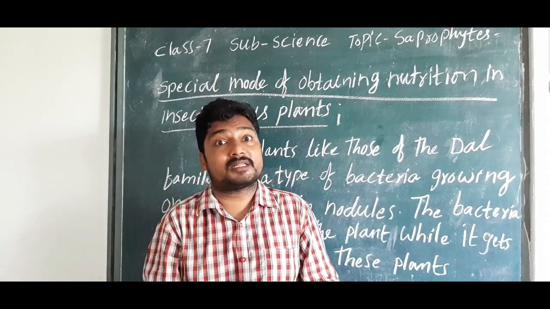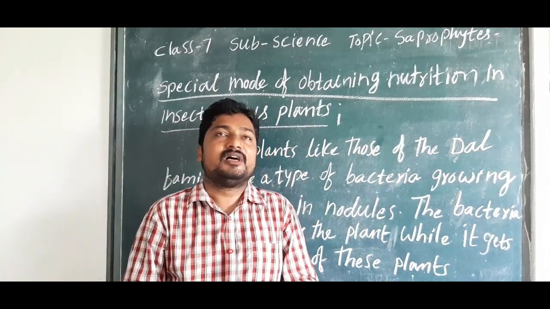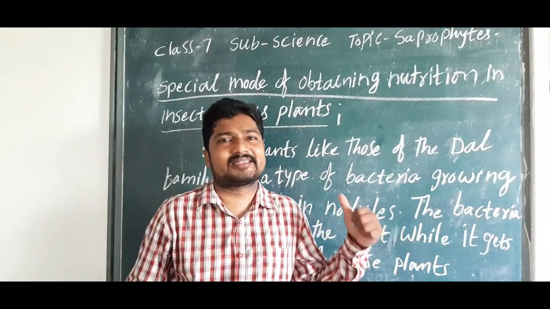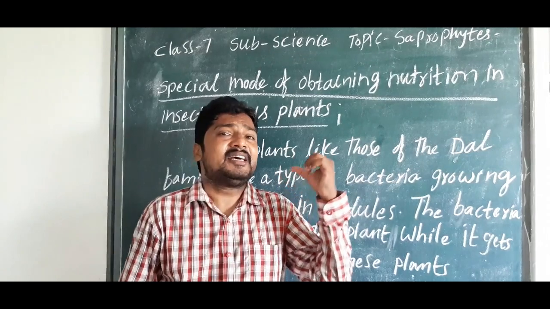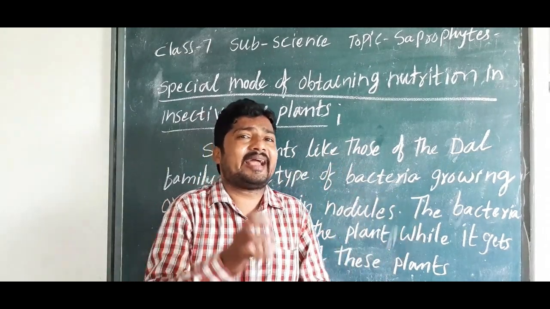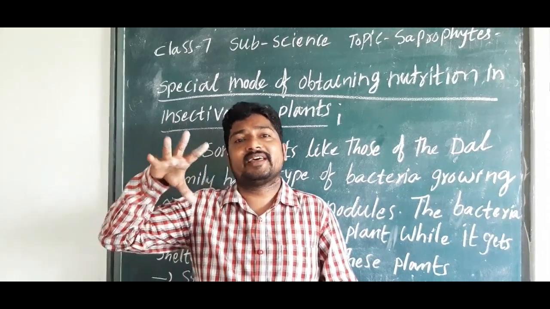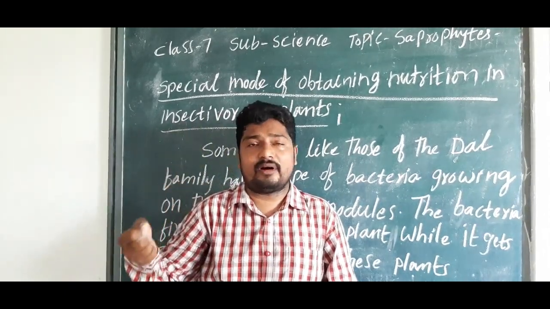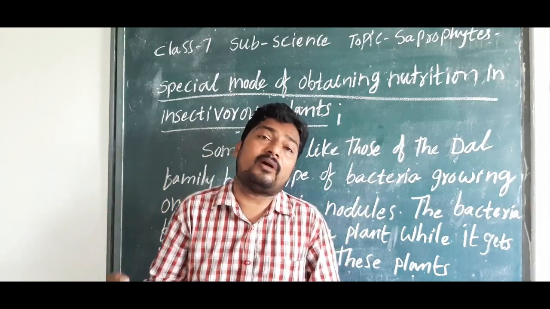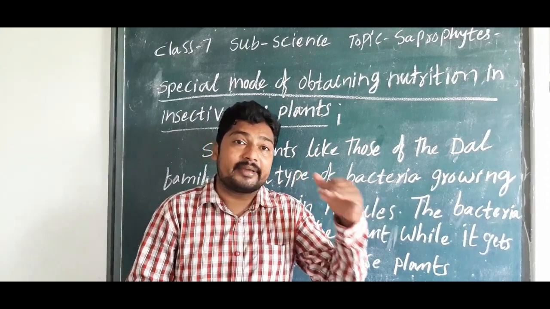So these are called carnivorous plants also. Nepenthes is the best example. The amazing thing is that they catch the insect and digest it, and then release the undigested, unwanted part outside again. That is also an amazing part.